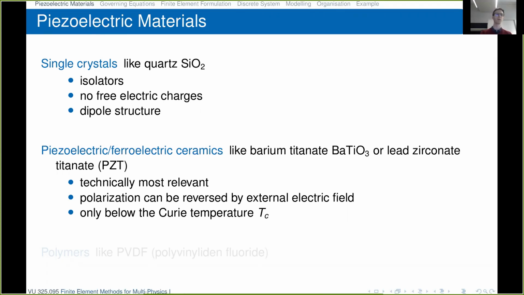What is important is that these materials are only piezoelectric below the Curie temperature. So if you heat them up too high, they lose their piezoelectric properties. And finally, there are also a few polymers like PVDF that show piezoelectric behavior. However, this is typically rather weak.